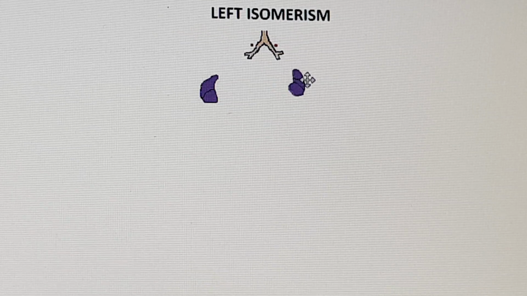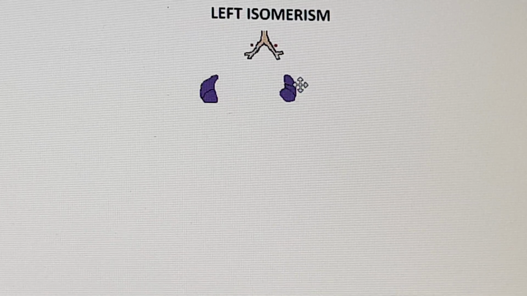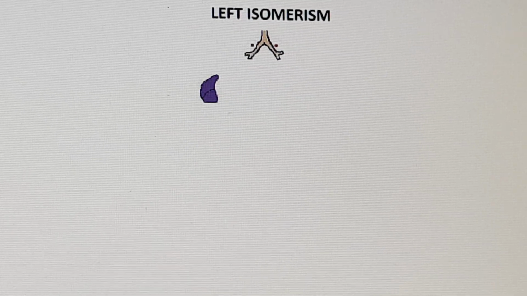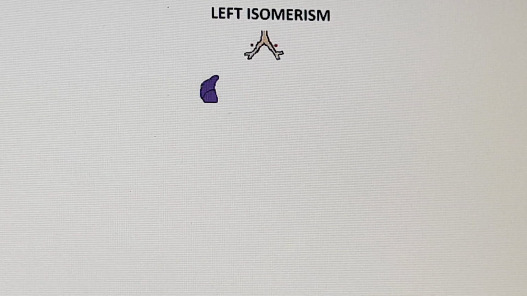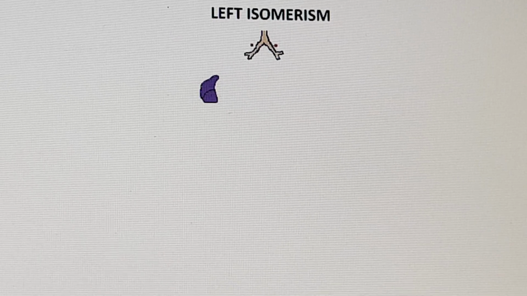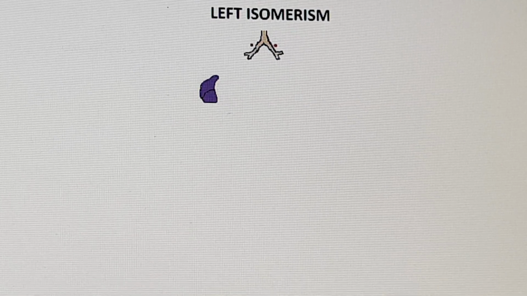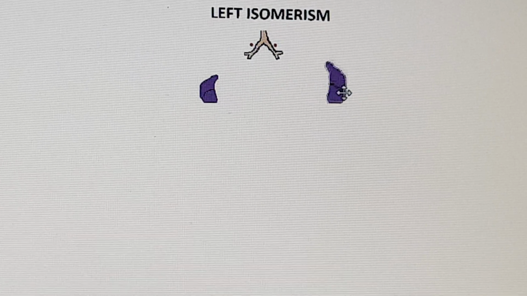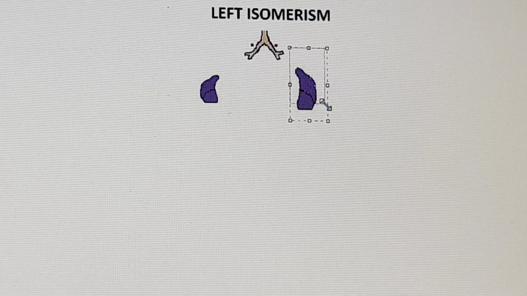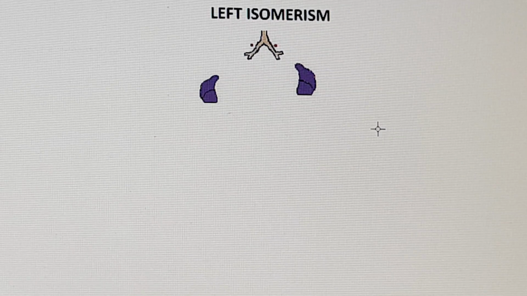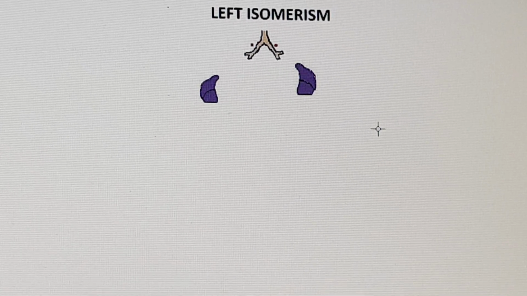So, that is the left lung. I am sorry, I will get the left lung for you. So, here we have bilateral left-sided type of lungs. That is the left lung. Okay. So, we have both the lungs with 2 lobes in left isomerism.